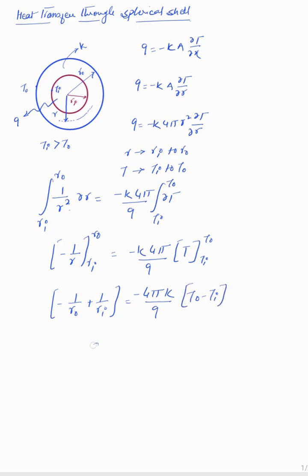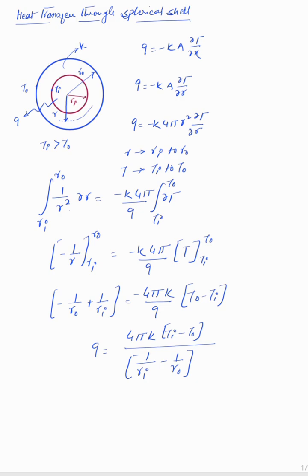So now the final equation will be Q equals 4 pi K (Ti minus To) by (1 by Ri minus 1 by Ro).